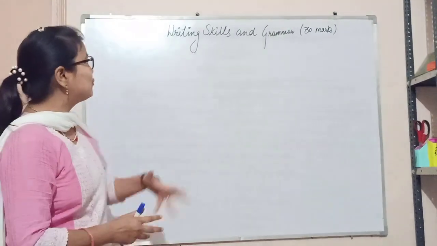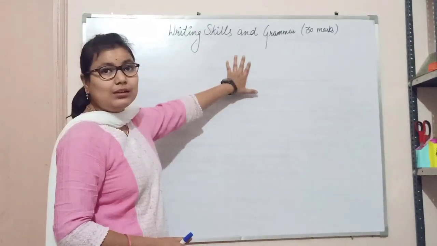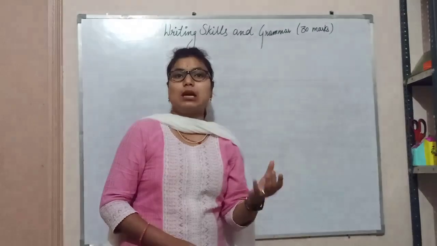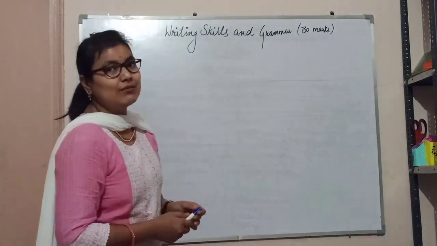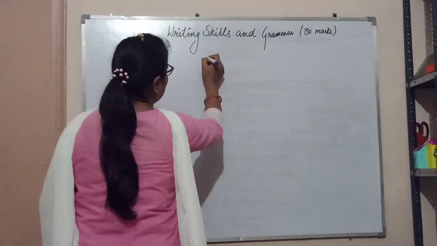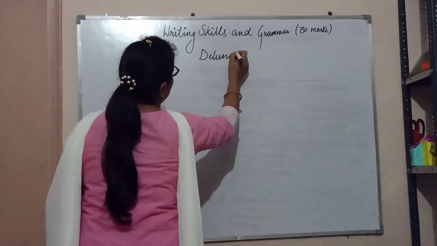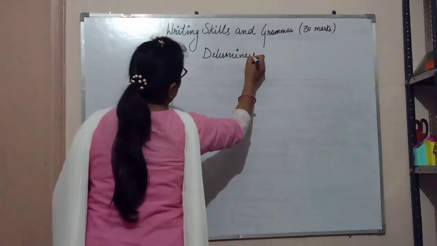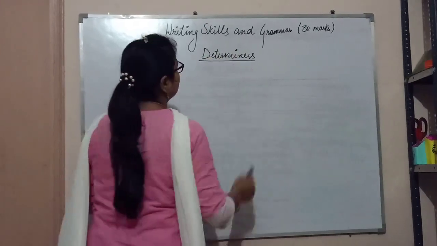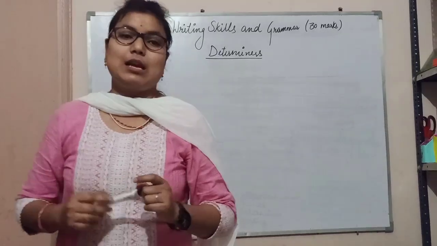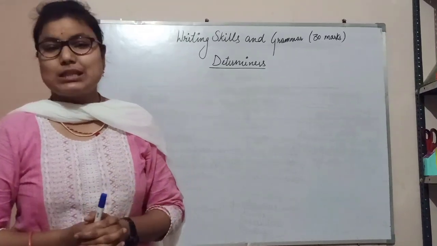Today we are going to do writing skills and grammar, which is of 30 marks. In this, we are going to start a very small topic today, which is determiners. I hope you got the syllabus which I told you yesterday.